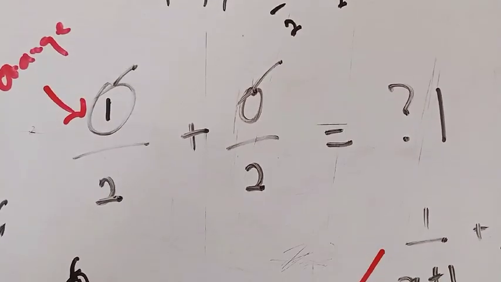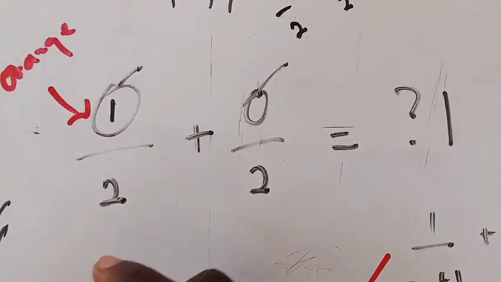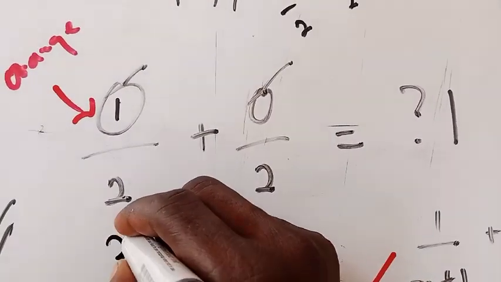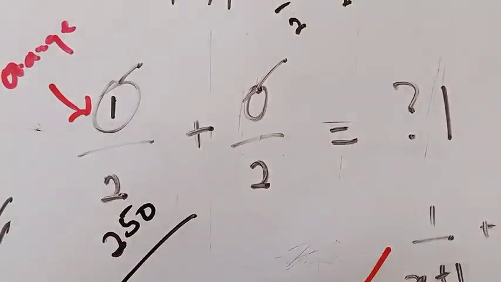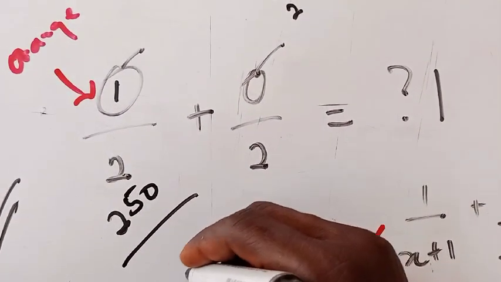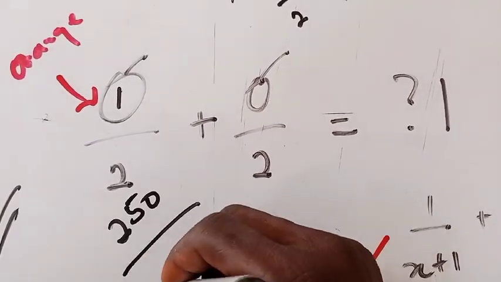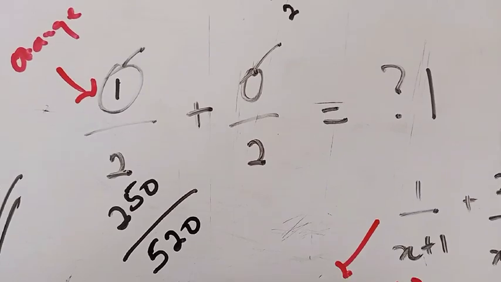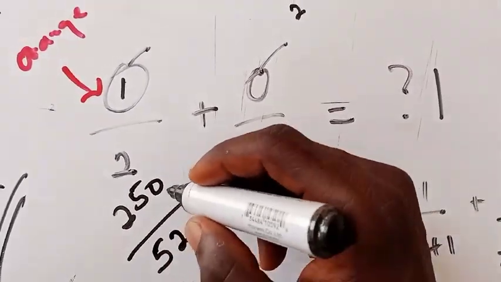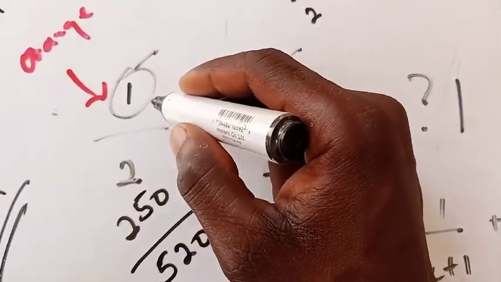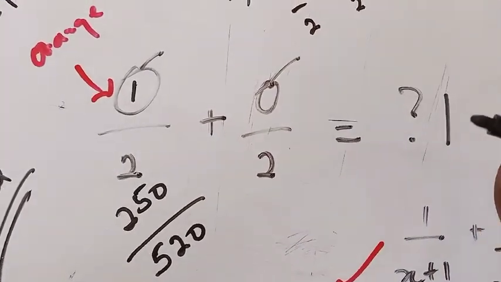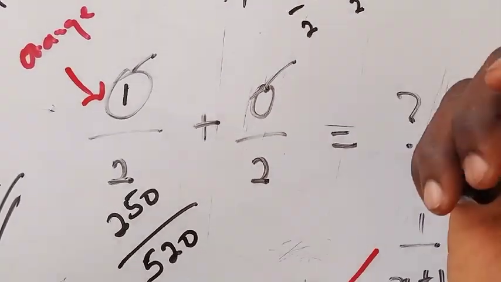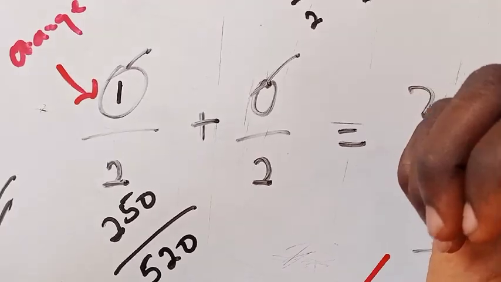Let's say you have 250 divided by, let's say, 520 people. How are you going to do that if it is not half, right? That is why mathematics is very important in dealing with issues like this.